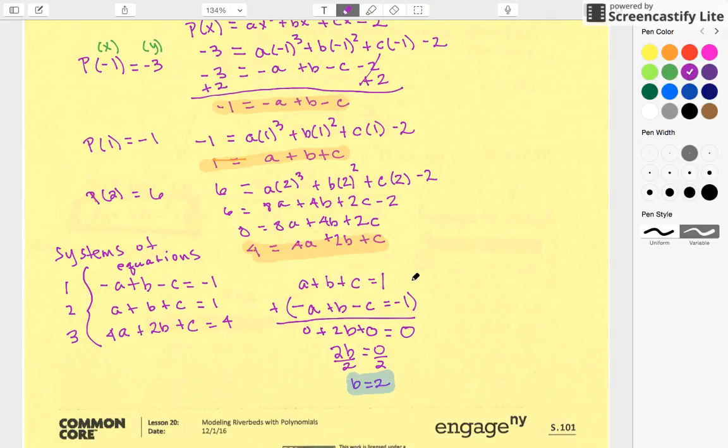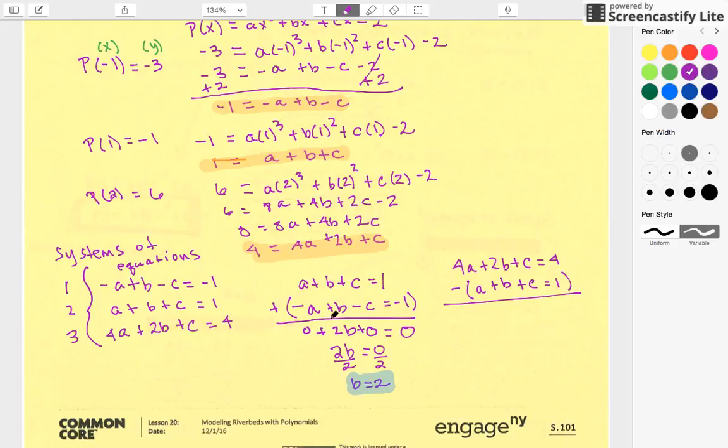Then right here, I'm going to subtract equation 3 from equation 2. So I'm going to do 4a plus 2b plus c equals 4 minus this whole thing, a plus b plus c equals 1. The reason I didn't multiply this by another number is because I know this is going to cancel out the c, which is what you want.